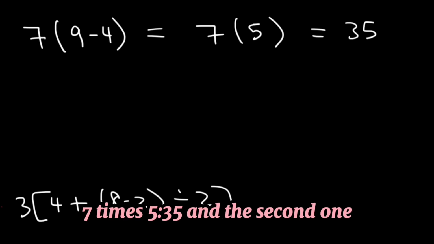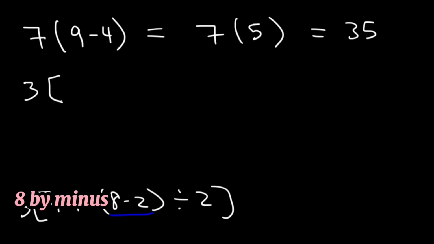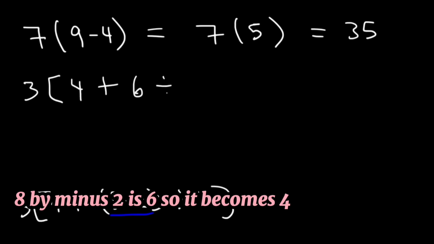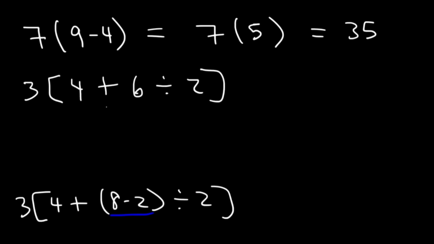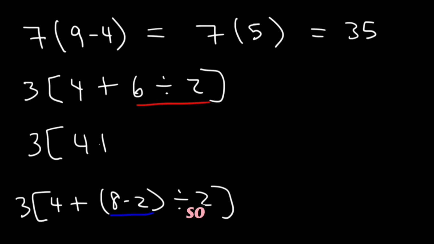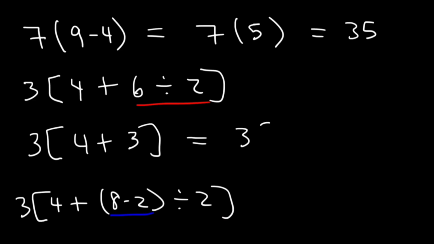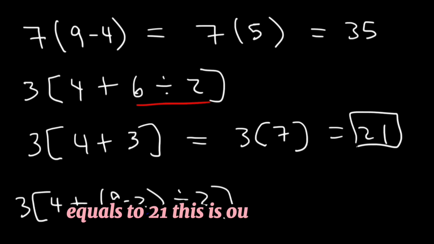And the second one, you see here, 8 minus 2 is 6, so it becomes 4 plus 6 divided by 2. Then 3 times 4 plus 3, because 6 divided by 2 is 3. So here, 3 times 4 plus 3, 3 times 7 equals 21. This is our final answer.